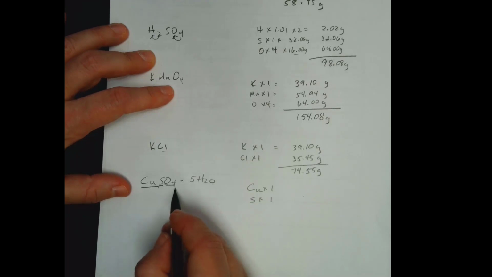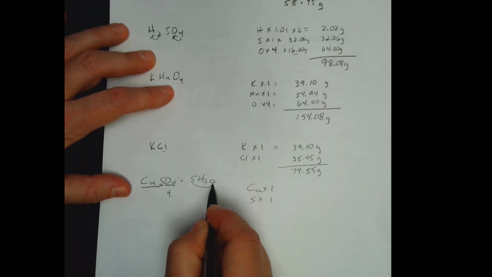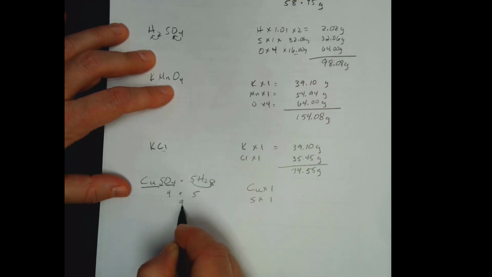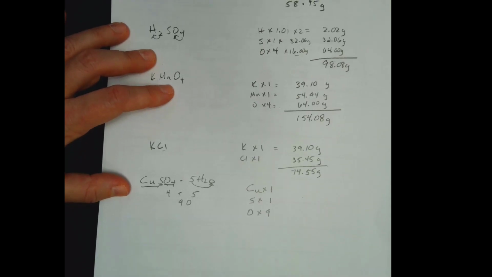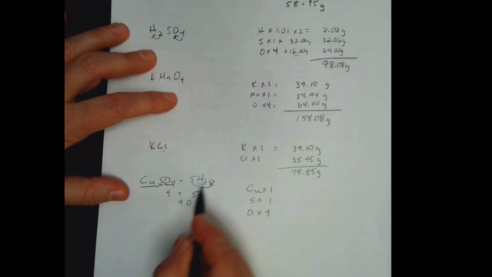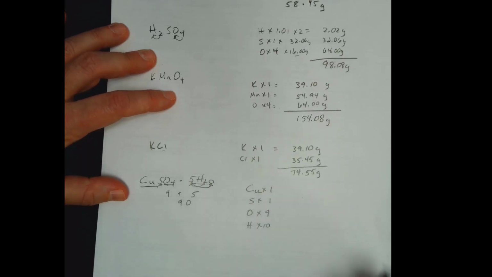And so actually what we have to do is we have to add all the oxygens together. So I've got 4 oxygens here. Because of this coefficient, I have 5 oxygens right here for a total of 9 oxygens. So oxygen is going to be times 9. Ooh, that's busy. And then finally, the last thing I have yet is my hydrogen. And I have 2 hydrogens in water, but I have to remember, because of this coefficient, I have to multiply 2 times 5, which gives me hydrogen times 10.